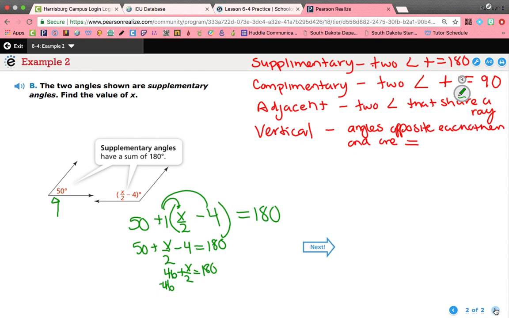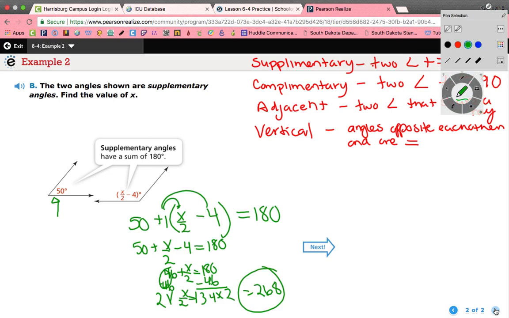Subtract 46, we get x over 2 is equal to 134. 134 times 2 is going to be 268. Okay, so x is equal to 268. So that's how we solved for x.